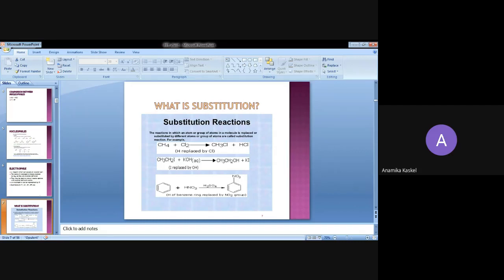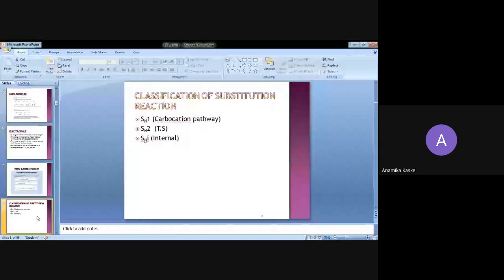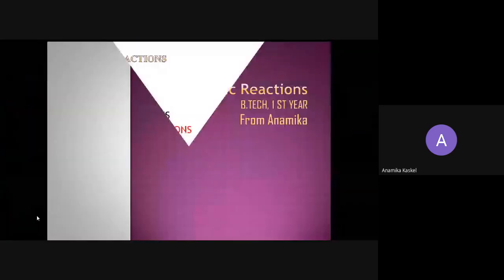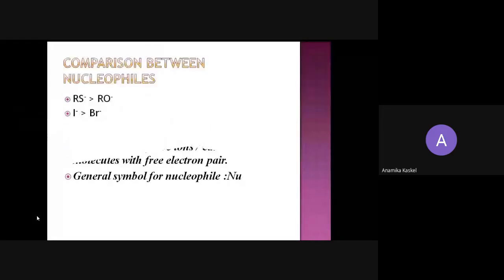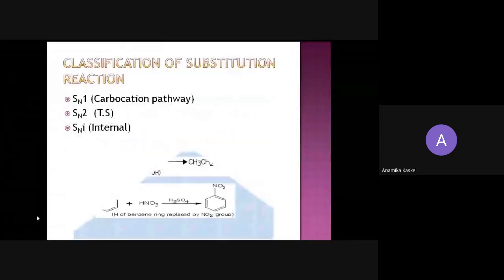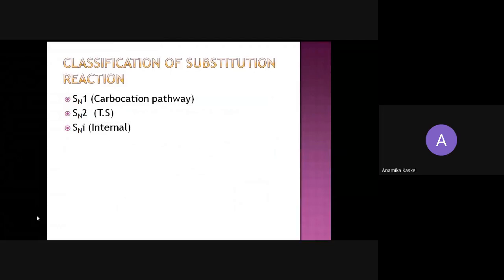Now, I will go through the next slide. Classification of the substitution reaction.